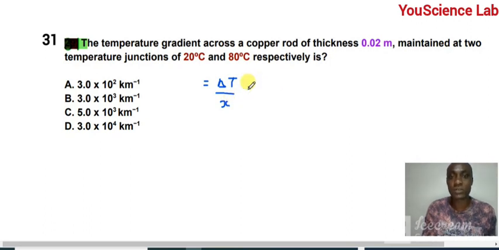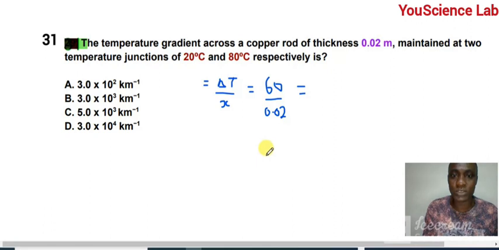So delta T is going to be 80 minus 20, that's 60, divided by 0.02. To divide this easily, what I'll just do is to move these zeros. 1, 2, I'll now put it up. So I'm going to have 6. I have 60 up before, so I have to add the 2 zeros to it.